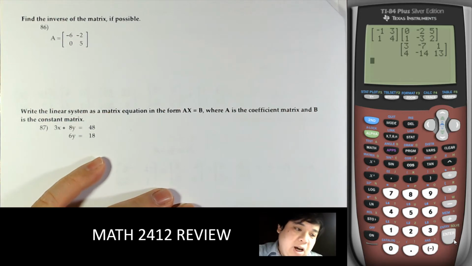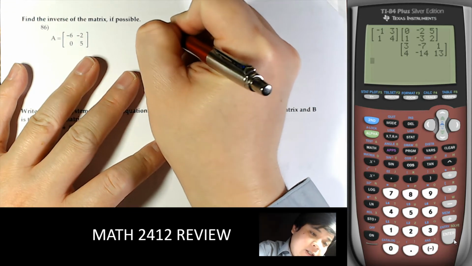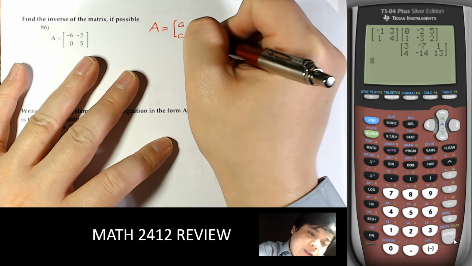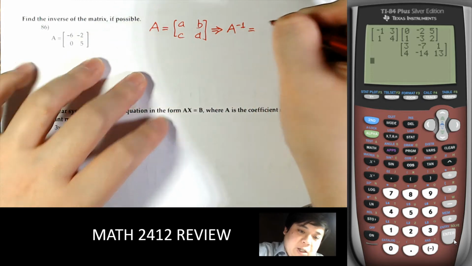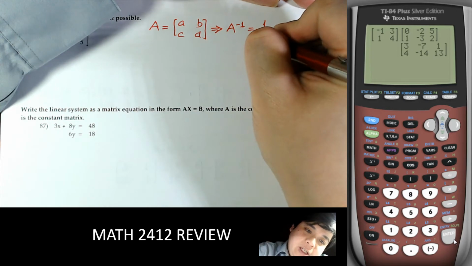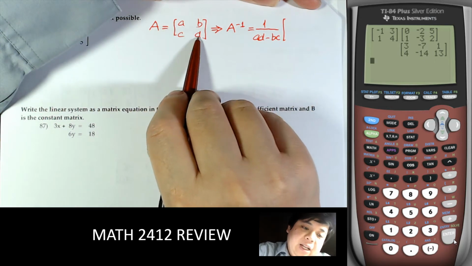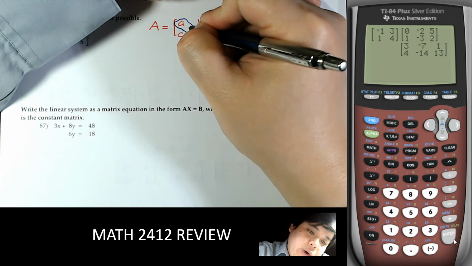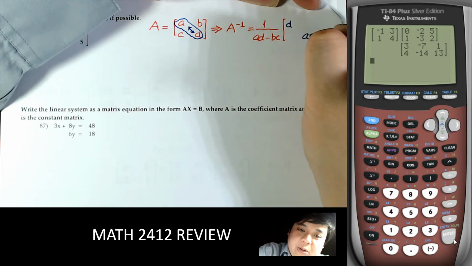Next, try the inverse of a 2 by 2 matrix. That is easy. If A is the matrix with entries a, b, c, d, then A inverse is equal to 1 over ad minus bc times the matrix where a and d interchange places, so d goes here and a goes here.